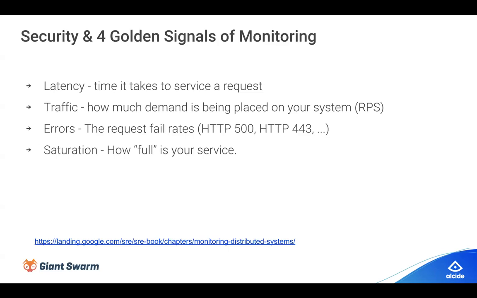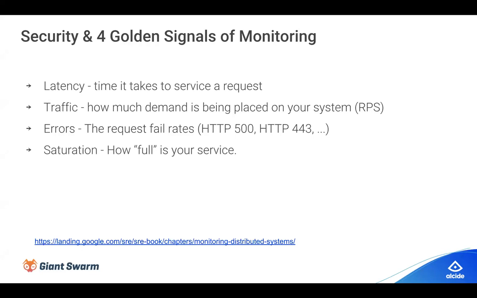If you are experiencing a DDoS attack or some sort of volumetric attack on your systems, one of the side effects that we see in those attacks is that our service becomes less responsive and the latencies have some sort of negative drift.